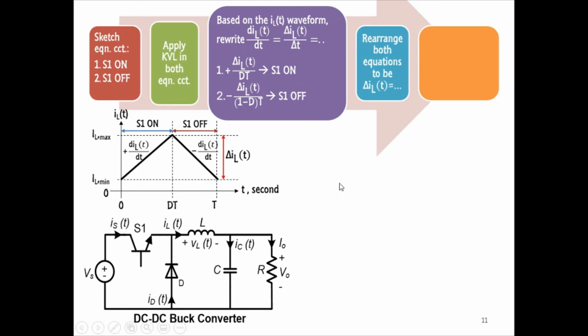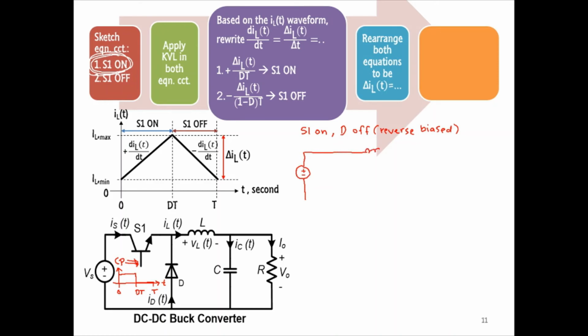Firstly, we need to sketch the equivalent circuit of the converter when S1 turns on and turns off. To turn on the switch, we need to apply a control pulse between 0 until DT. And when S1 turns on, automatically D is turned off due to the reverse bias condition.